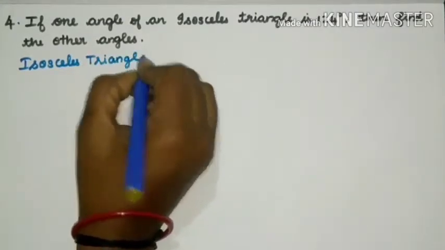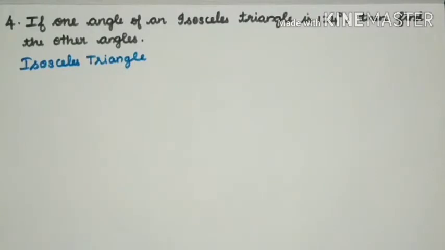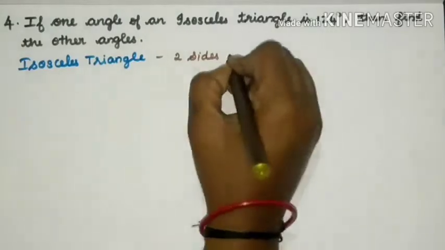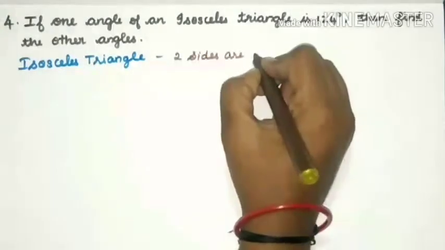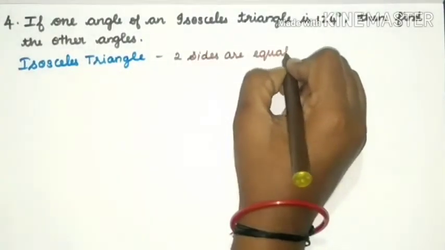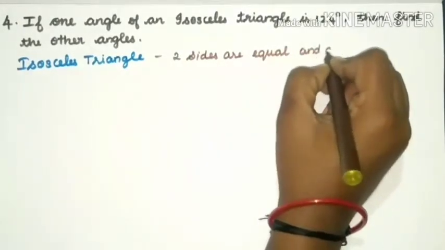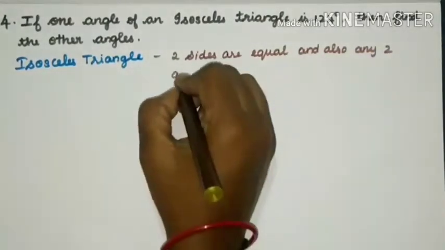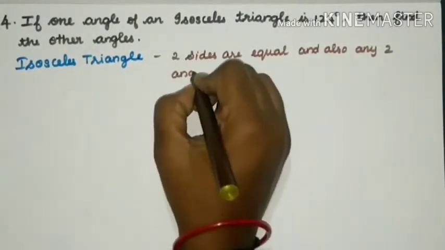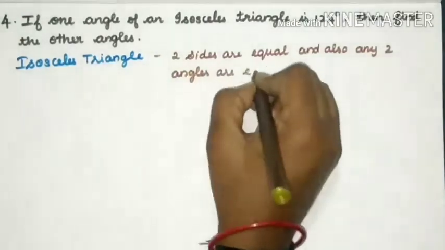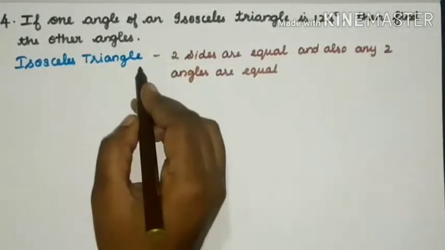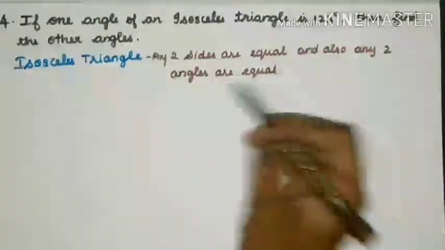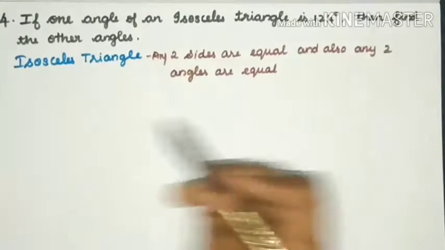Isosceles triangle means any two sides are equal and also any two angles are equal.